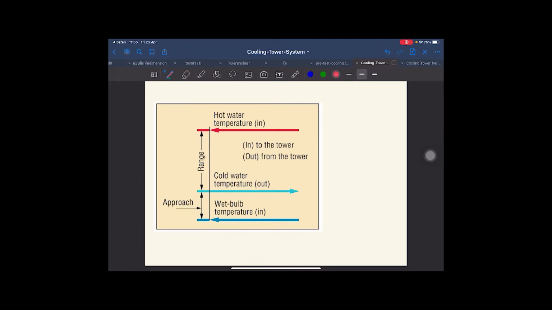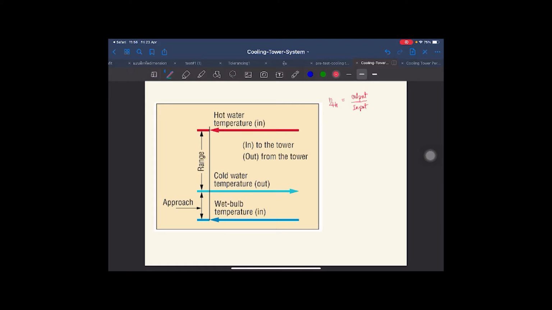The cooling tower effectiveness, or the efficiency of the cooling tower, can be calculated from the thermal efficiency. The thermal efficiency is equal to the designed output over the required input. The main purpose of the cooling tower is to remove heat from the water.